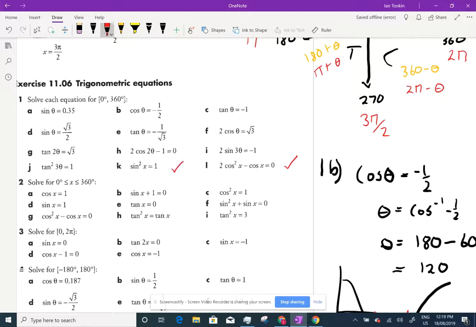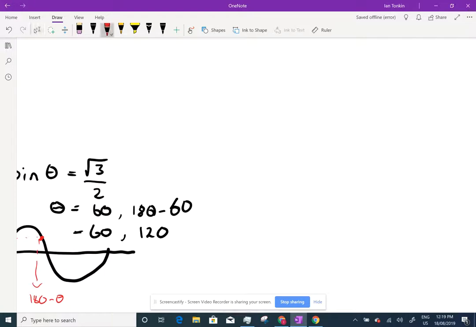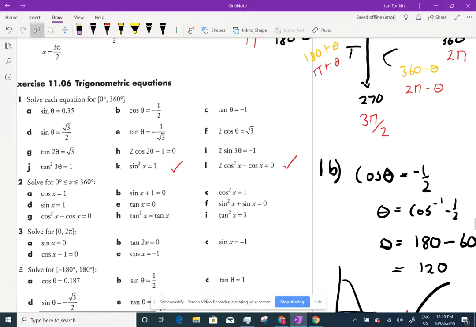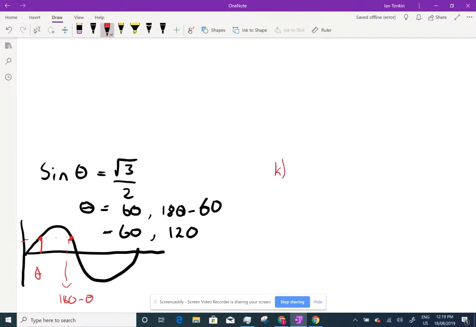Sine squared x equals 1. That's question K, which is sine squared x equals 1, which means I square root both sides.